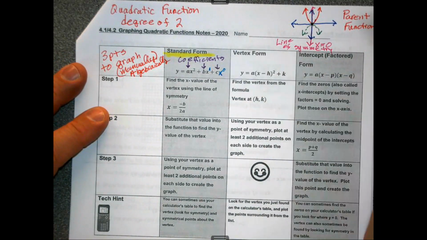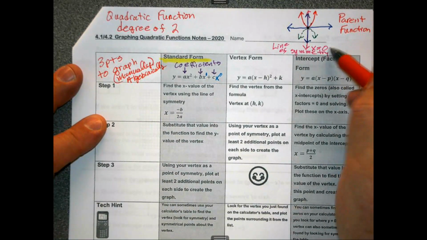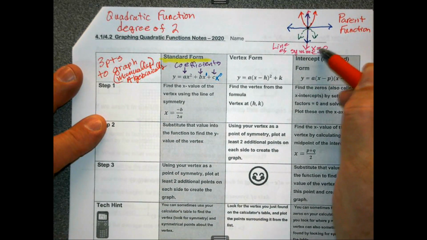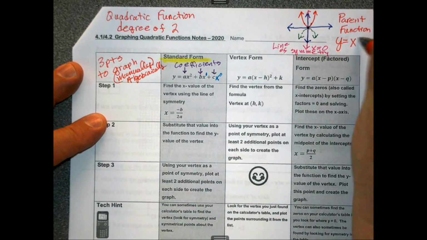All right, so I talked about that line of symmetry. Now, for the parent function, the vertex is where my x is 0. The parent function is y equals x squared.